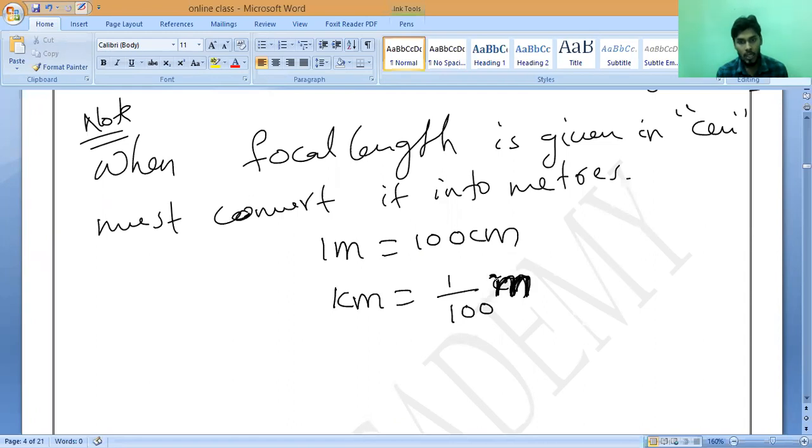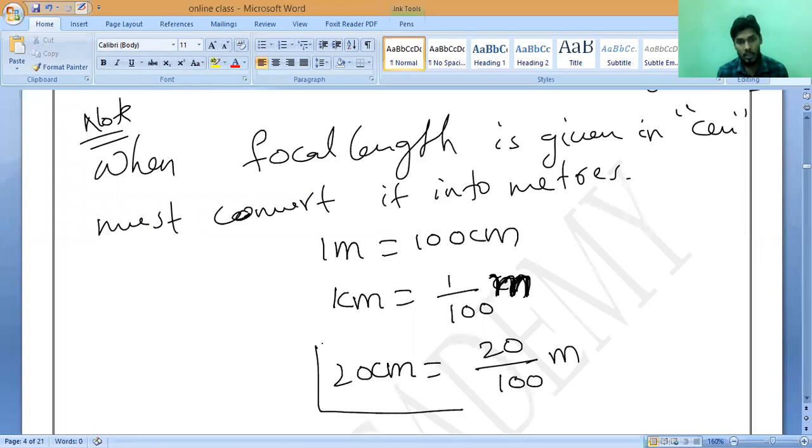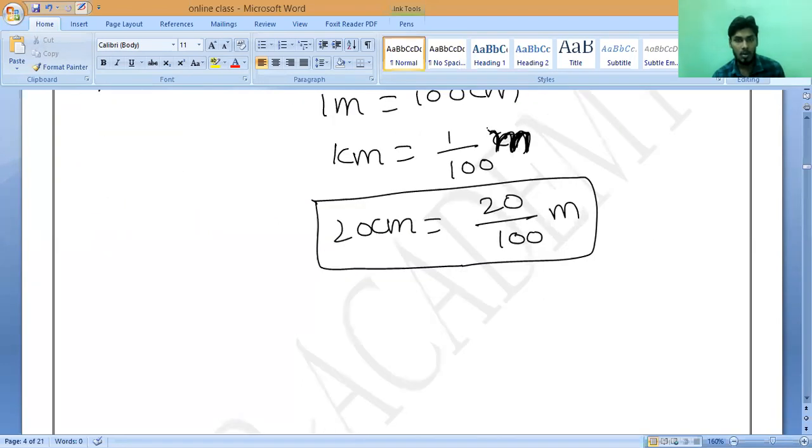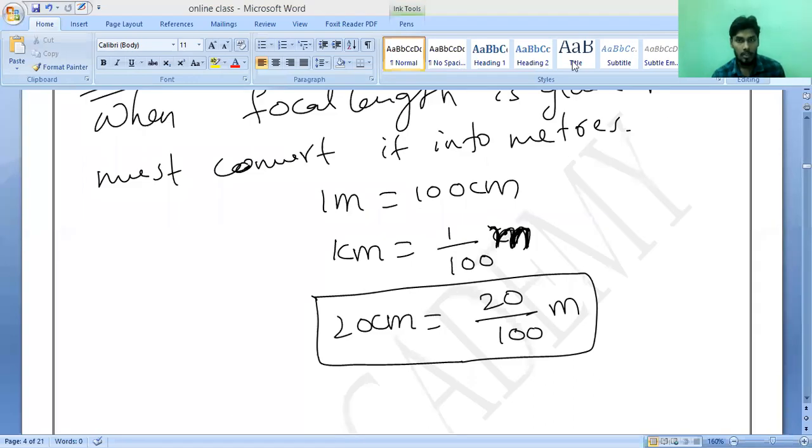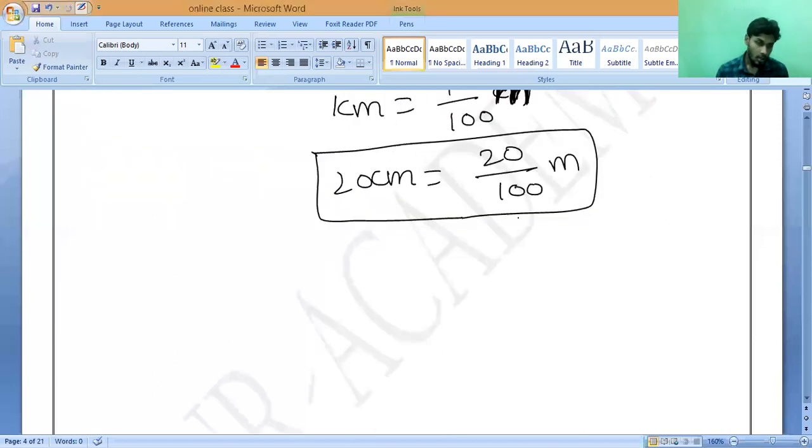Suppose they have given 20 centimeters, then how many meters? 20 divided by 100 meters, that is 0.2 meters. Any doubt in this? Is it yes or no?